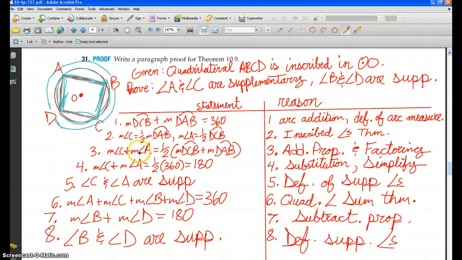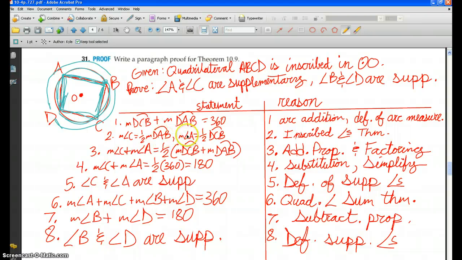From here, we can do a little addition property. So if we take this statement right here, the measure of angle A is equal to half of DCB, and we add the same thing or equal things to both sides, we'll get this statement right here. If I add the measure of angle C to the left side, and C is equal to half of the measure of DAB, then I better add something equal on the other side.